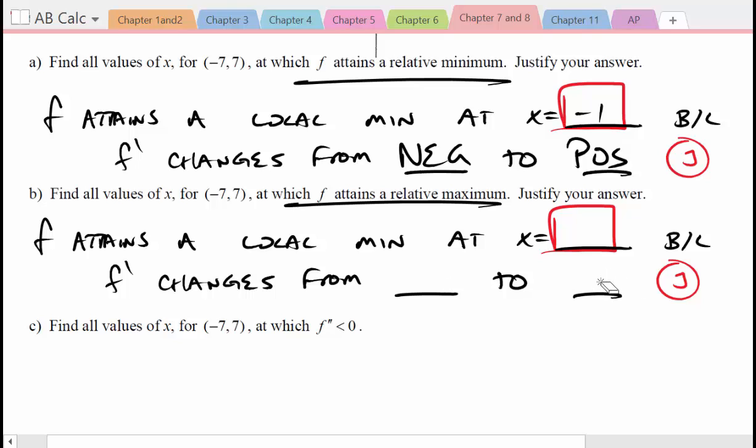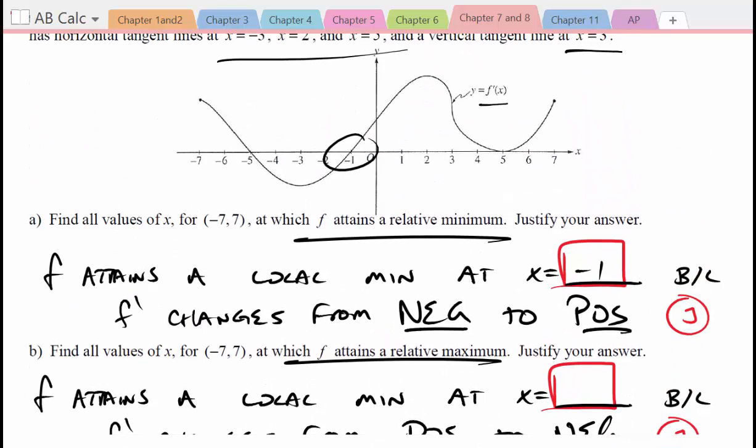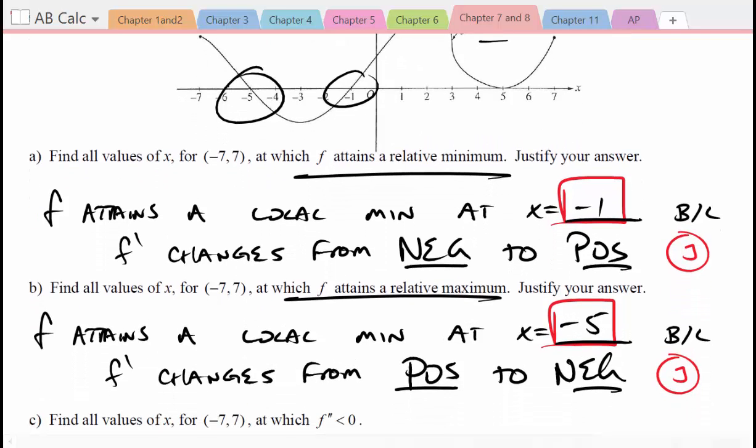I'm no longer changing from negative to positive, I'm changing from positive to negative. And if I want to find out where f attains a local maximum, I have to find that positive to negative shift, which occurs at -5. Same thing for the 2 points.